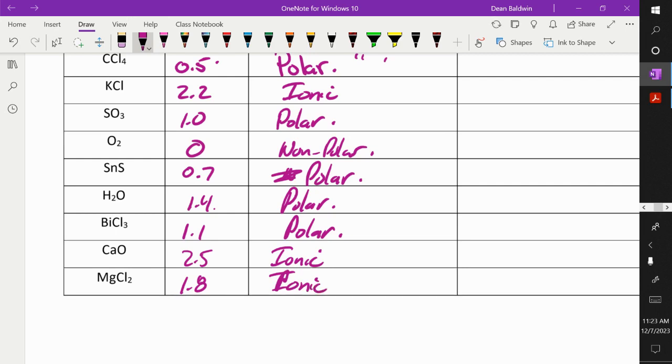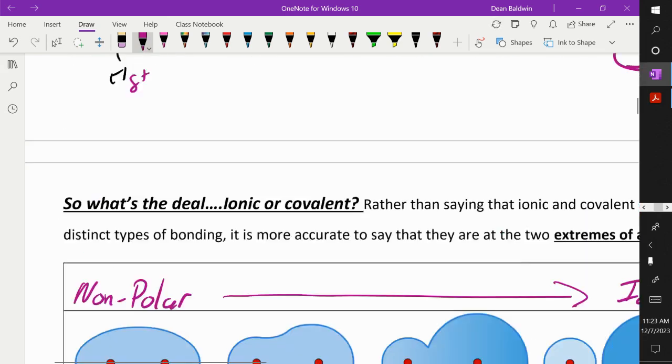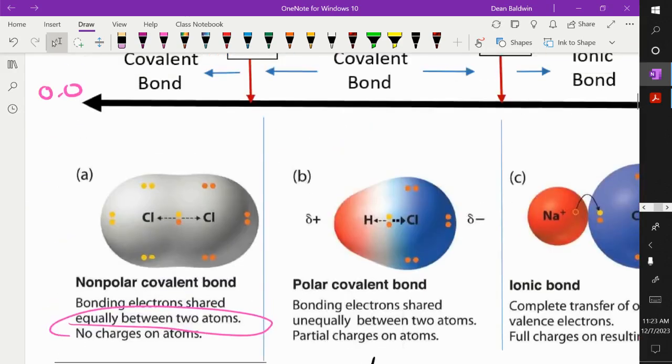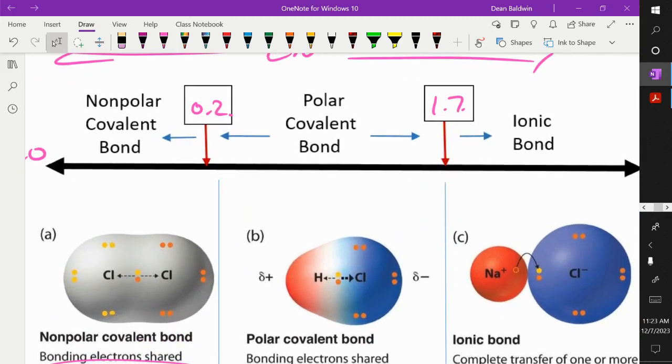It's right on the cusp, right? So that's what I mean when I say cusp. I just mean it's 1.8, and I'll put this back up in a sec. 1.7 was there, so 1.8 is right here. So it's like, is it ionic? Is it polar? You know what I mean?